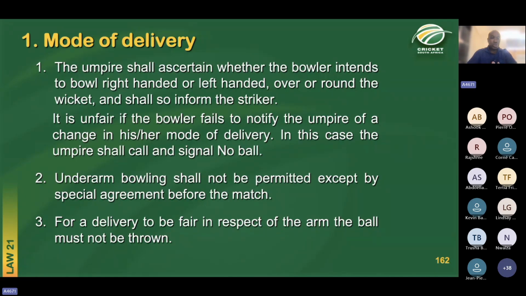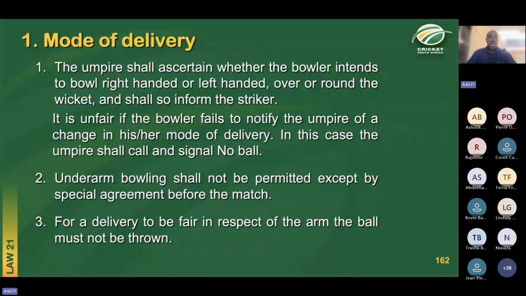And they will perform investigations as per the bowler's action. And if tested and found to be illegal, then that bowler will be suspended from bowling until they have rectified his or her bowling action. But for us as umpires, we do not call a bowler who we think has a suspicious action. We do not call and signal no ball.